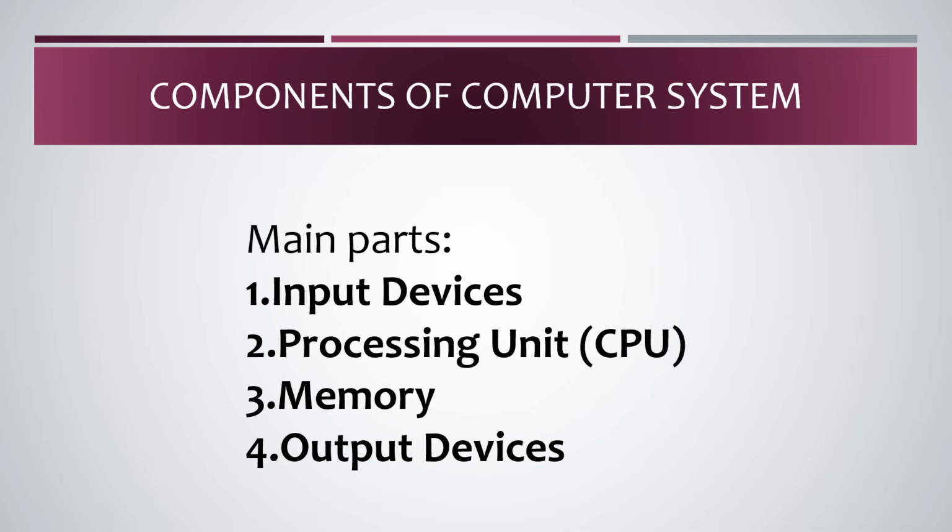Then we save the information that we received from the CPU in the memory. That is the third major component. And the fourth major component is output devices. The information that is useful to us and has been saved is shown on the computer as the output.